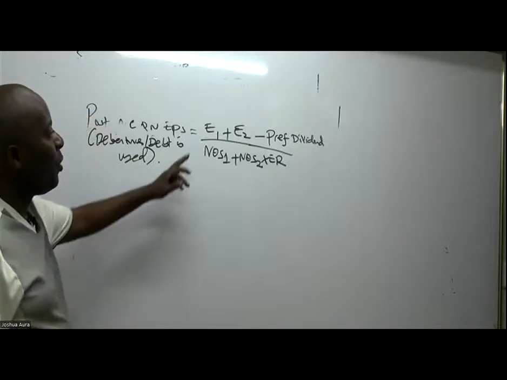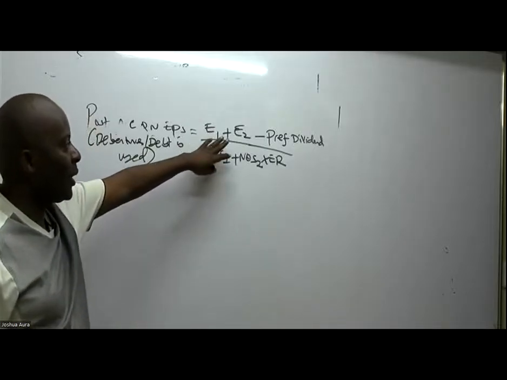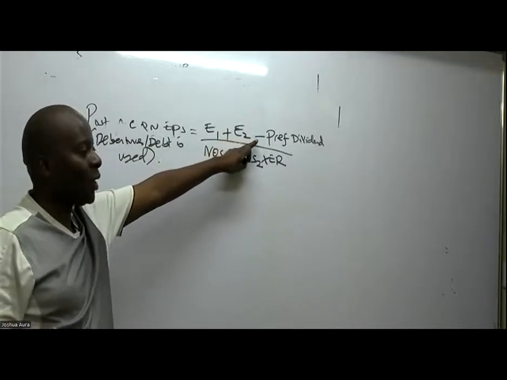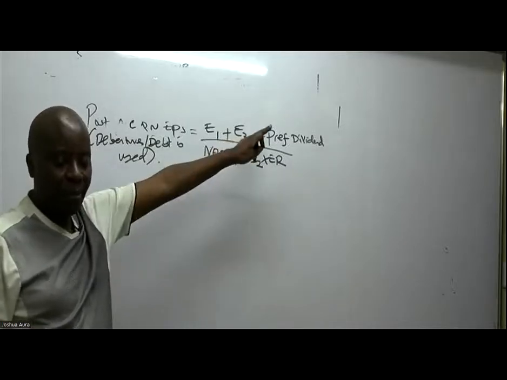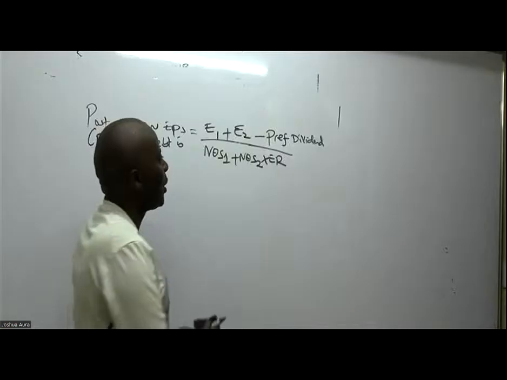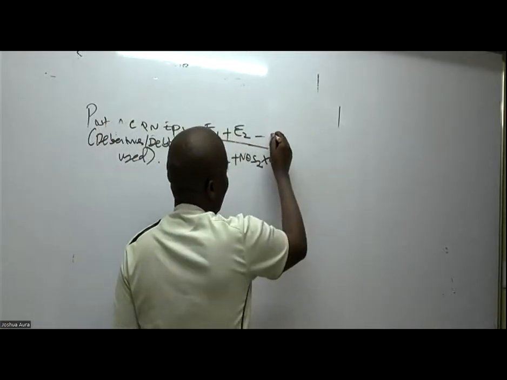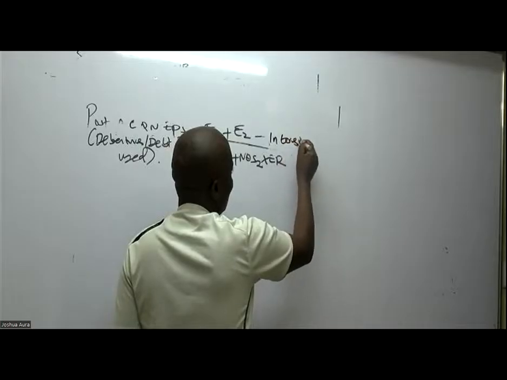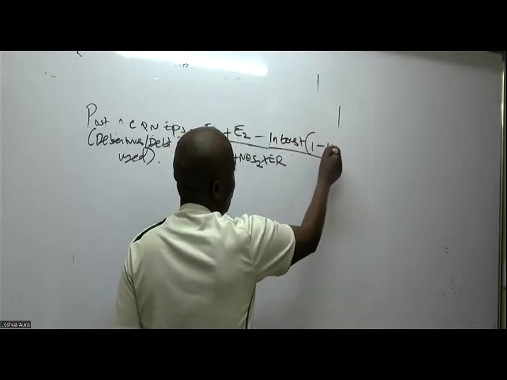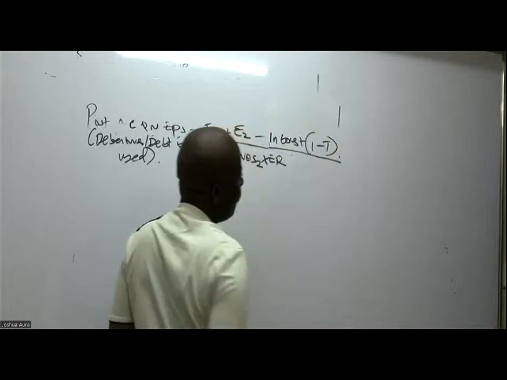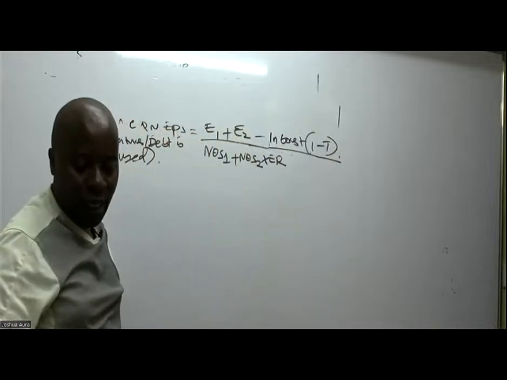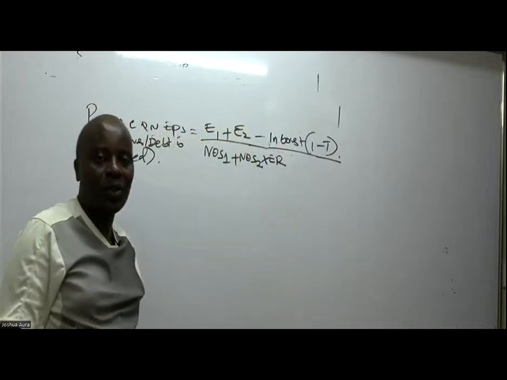This will be earnings of company 1 plus earnings of company 2. But now we know that debenture holders, we shall pay them interest. So in this case, minus interest. But as somebody has mentioned up there, interest gets a tax waiver for us, so it has to be interest after tax.